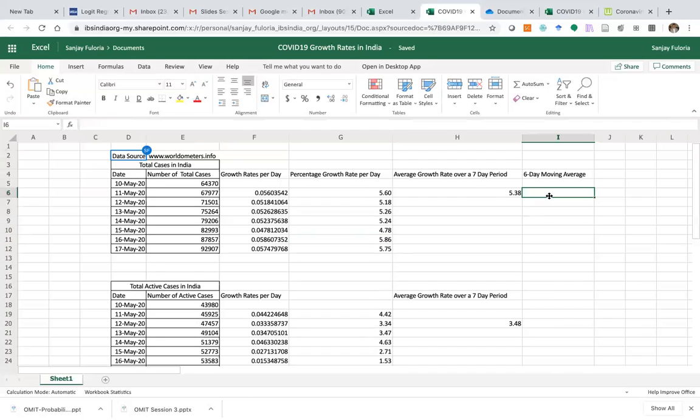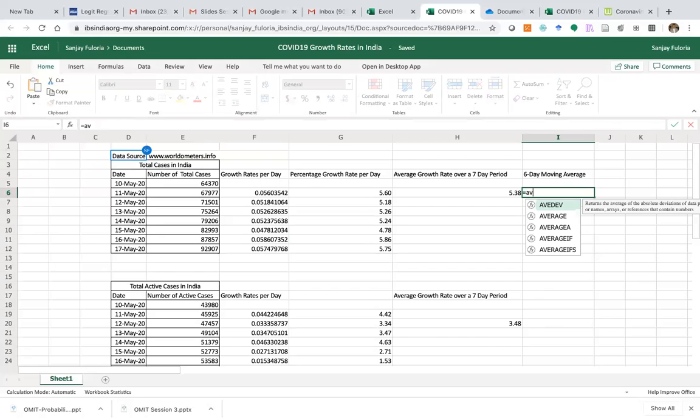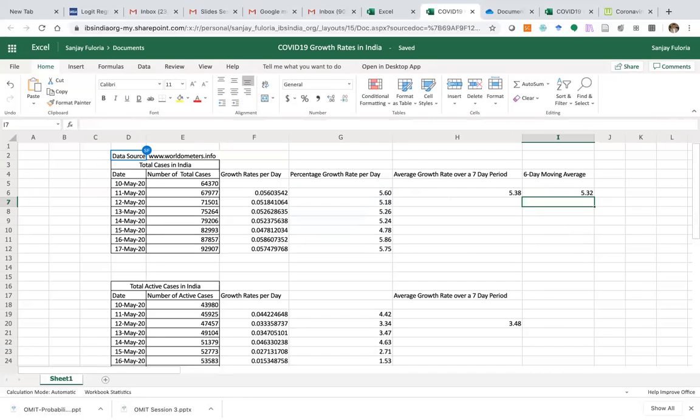So let's find the 6-day moving average for 10 to 16th, right? We'll just say average and find this. Okay, so it is 5.32%.